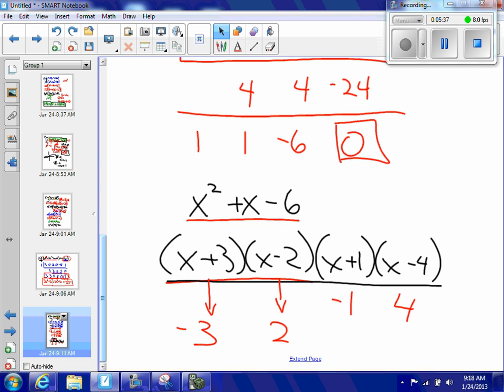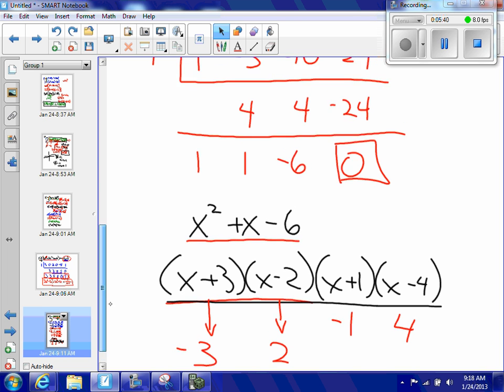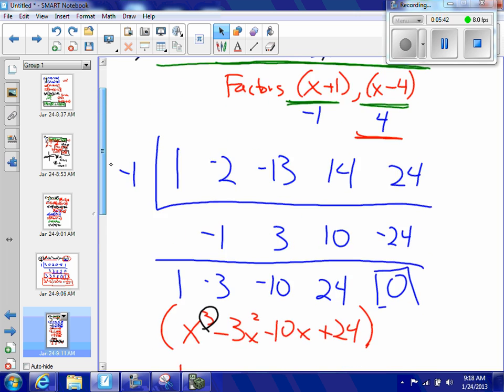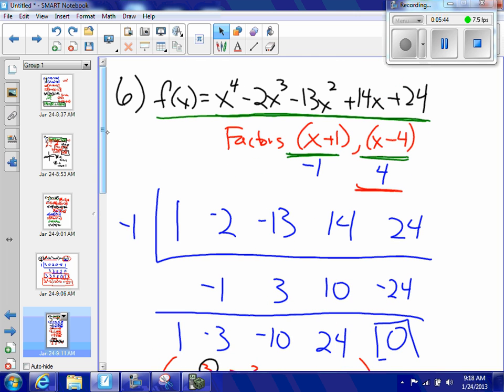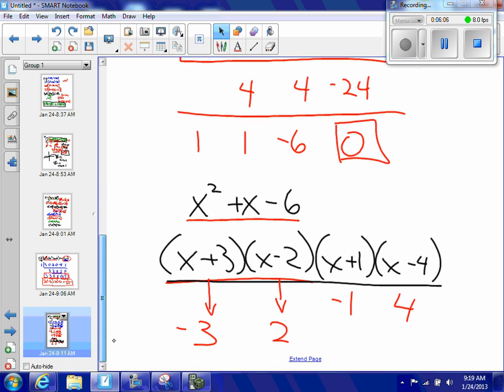So the key to this is to realize that if I tell you that a certain couple of binomials are linear factors of a polynomial, you want to do synthetic division to depress that equation as far as you can get. In this case, we were able to depress it down to a quadratic.